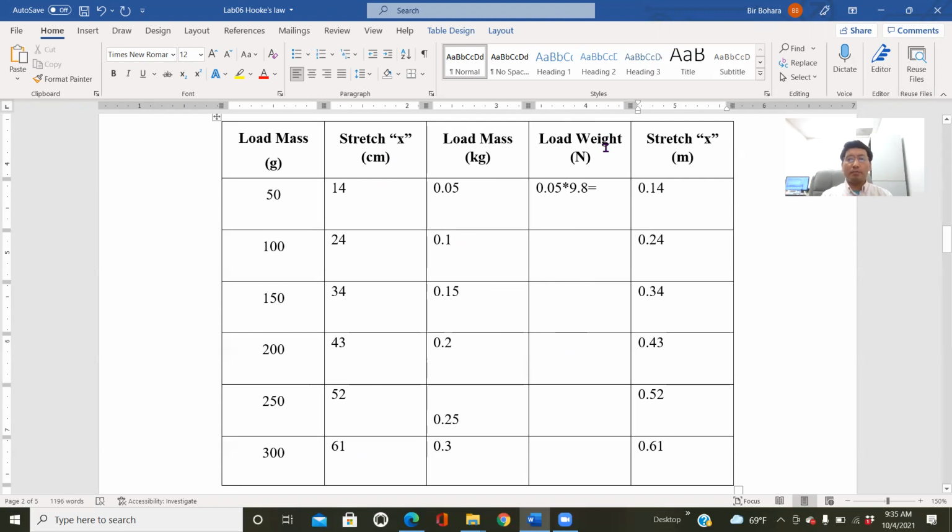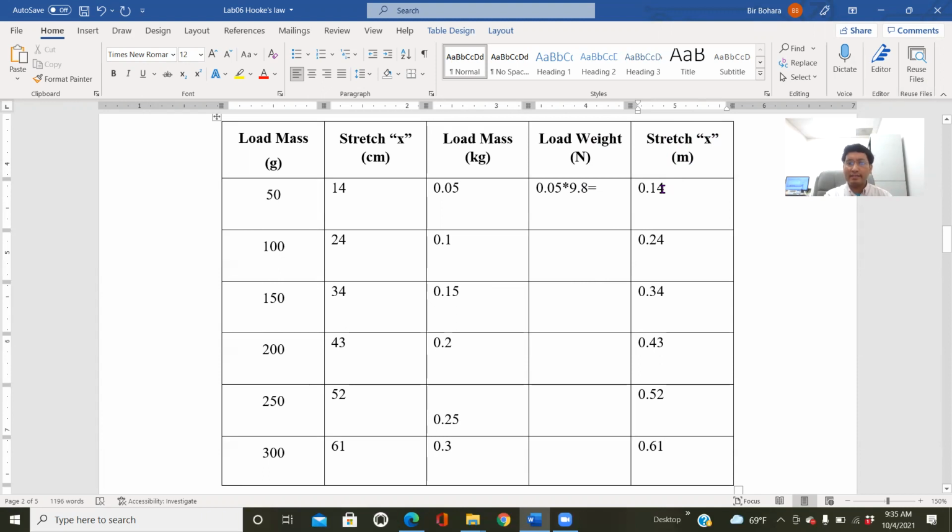Weight means the force, right? Because of that force, that weight, the string is extending. There is the extension or displacement in this string that we call x, right? So you have force, which is represented by N, and you also have extension x.